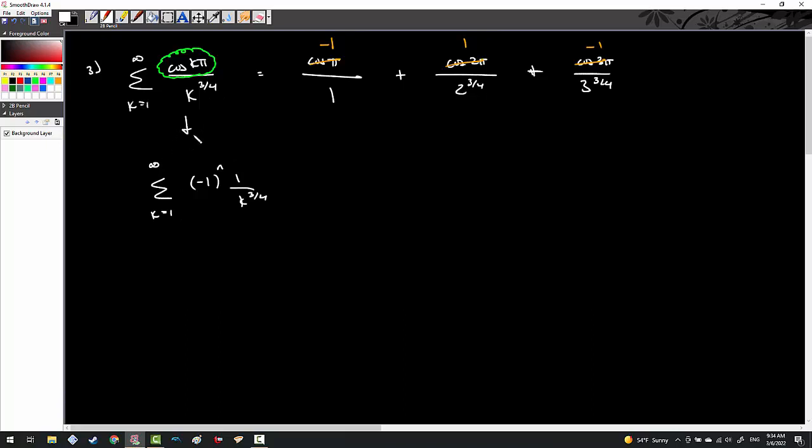that alternating series test on it. So we can say that a sub k decreases, and again, if we had to prove it, we could just say, let f of x equal x to the -3/4. So f prime of x would be -3/4 x to the -7/4.